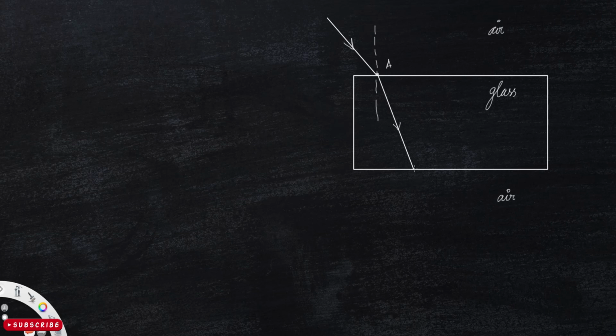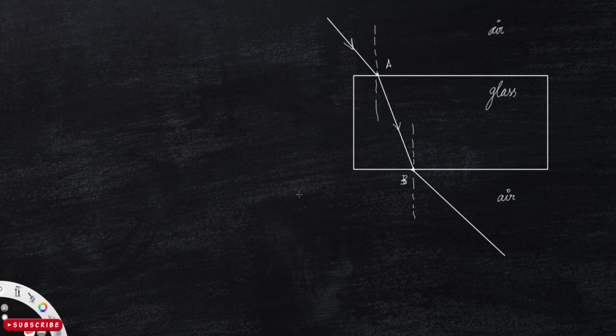Now again at the point B, let me draw another normal here. At the point B, it is moving from glass to air, that is from denser to rarer. In that case, the ray will bend away from the normal.